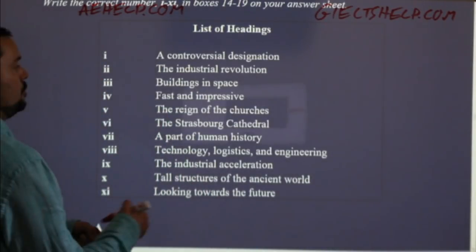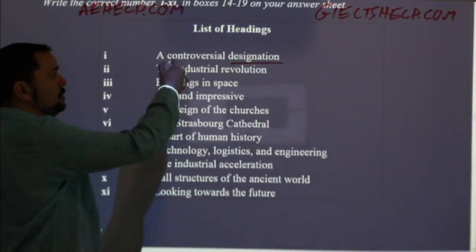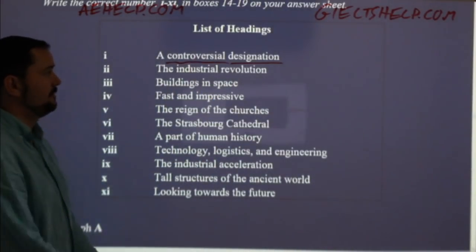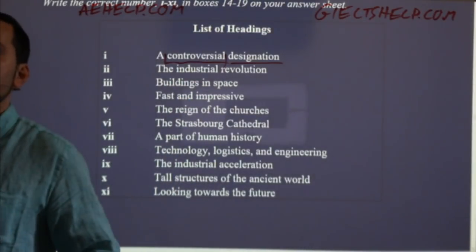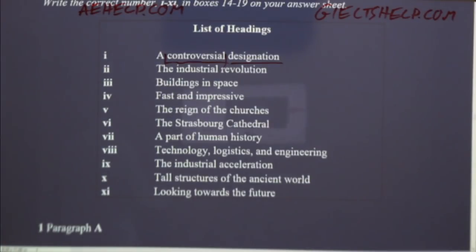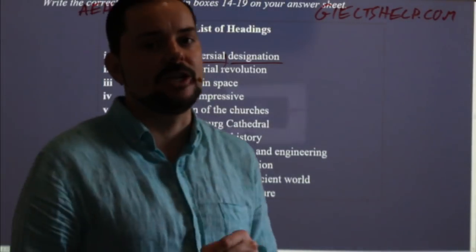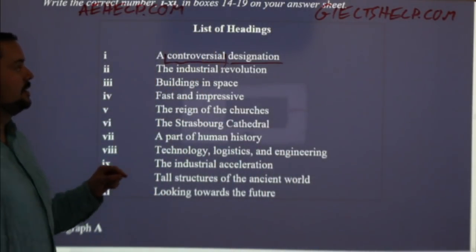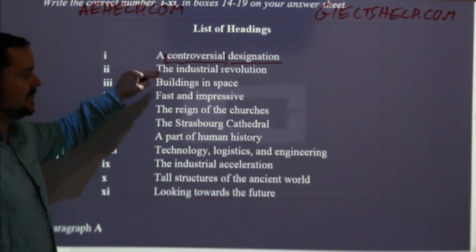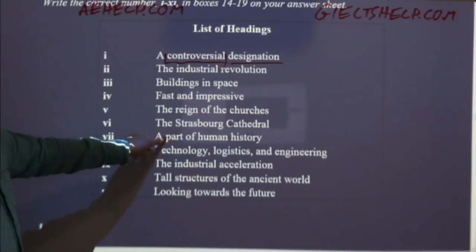So if you don't know the word designation, don't panic. It's okay. If you know the word controversial and you can paraphrase this, that's already a good start. Okay? So paraphrase them. The reason why is because your answers in the passage, the information, will be a paraphrase. It's very rare that you're going to find the exact same word in the paragraph as in the choices.